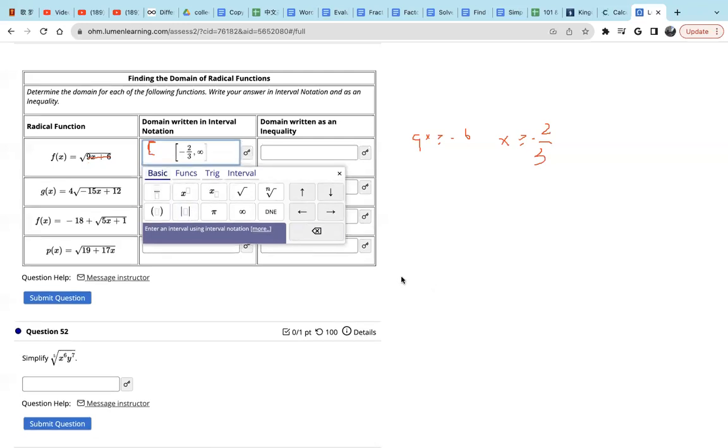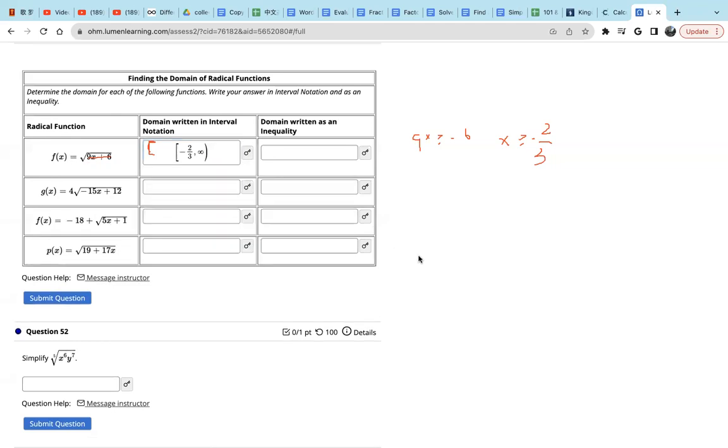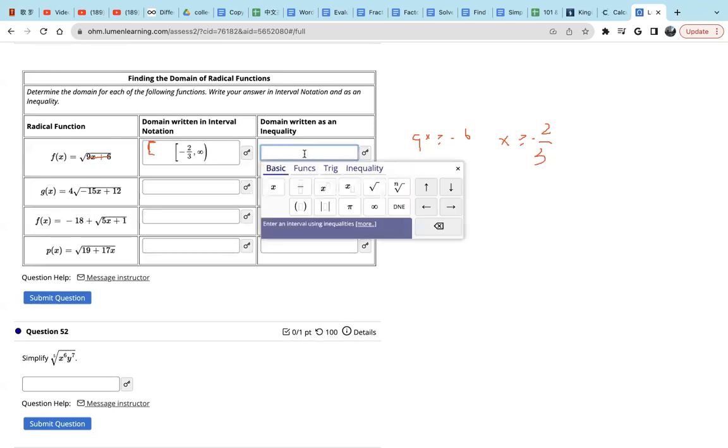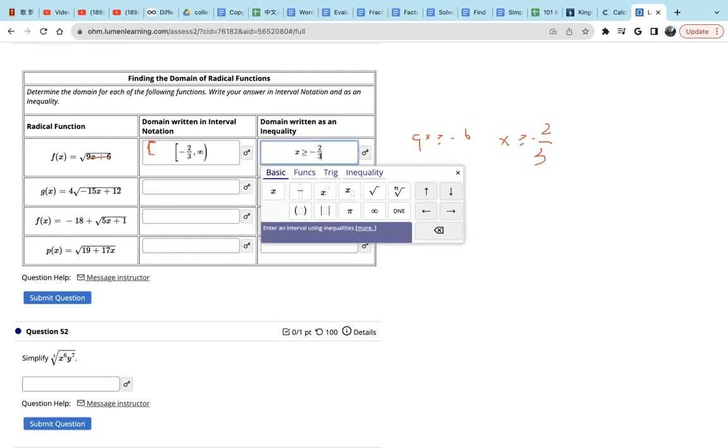Yeah. But this side is a parenthesis. Oops. Okay, nice. Written as an inequality, it is x greater than or equal to -2 over 3.